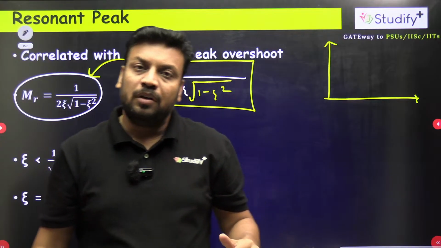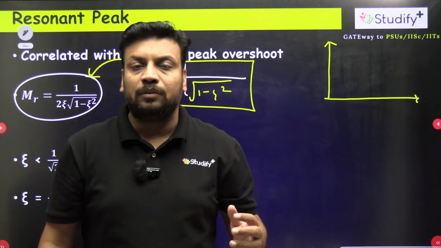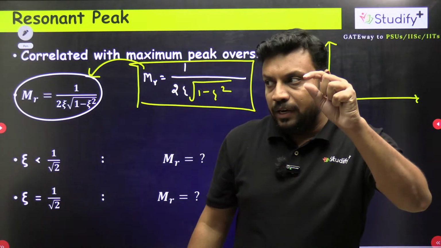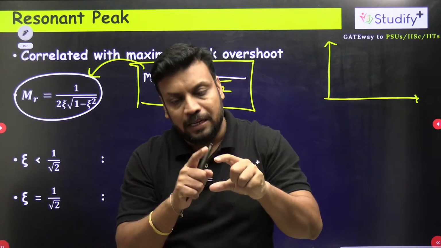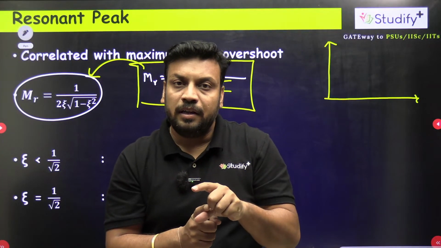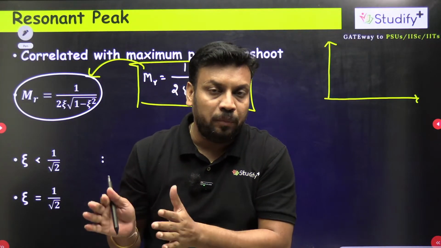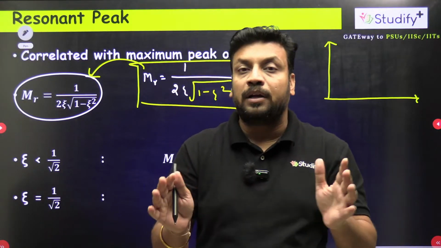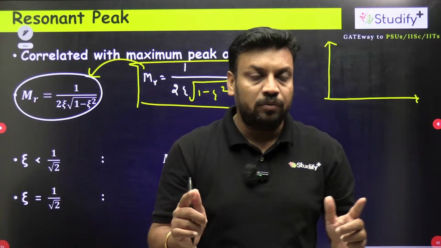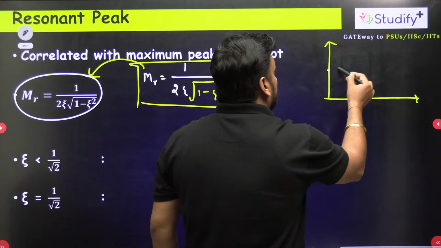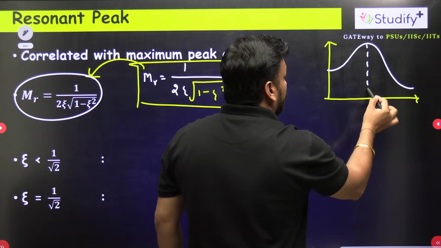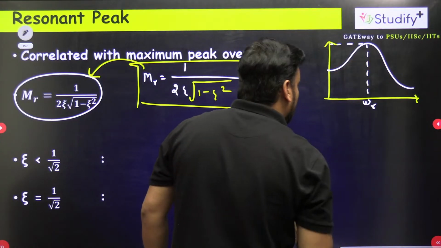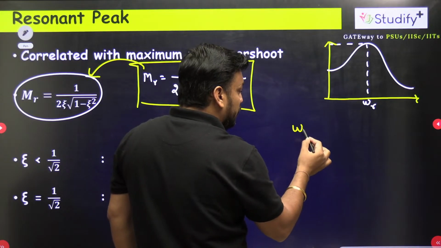Yes or no? अगर रेजोनेंट फ्रीक्वेंसी ही नहीं होगा तो रेजोनेंट पीक कैसे होगा? सो रेजोनेंट पीक हैज ओनली सिग्निफिकेंस इफ वी हैव ए प्रॉपर वैलिड ओमेगा आर, और ओमेगा आर को वैलिड करने के लिए, फ्रीक्वेंसी ऑलवेज पॉजिटिव. यस, ओमेगा आर का फॉर्मूला क्या है? Mr is only possible if omega r is possible. So to make omega r valid, what is the omega r formula?